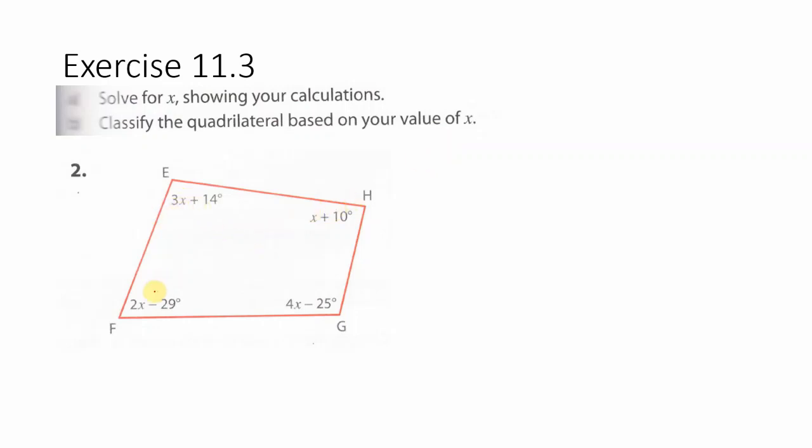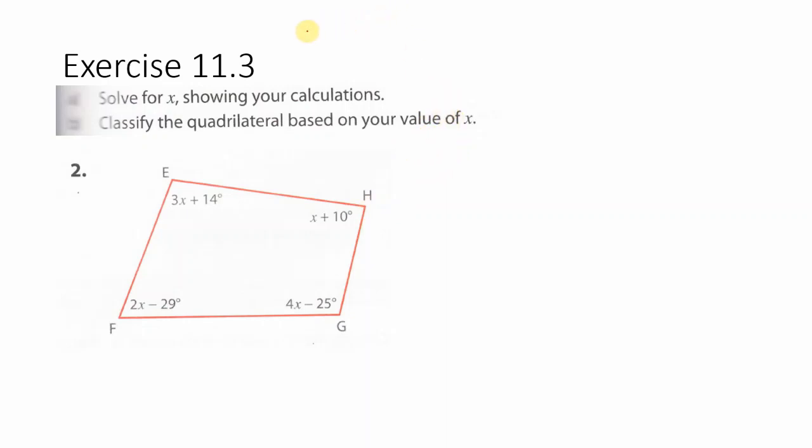So firstly, I can see we have x values for each angle as well as numbers. So we only have one unknown, so we can solve if we have a statement that results in the equation. And now we know the sum of the angles of a quadrilateral equals 360 degrees.